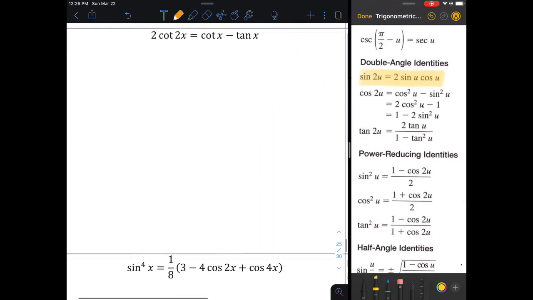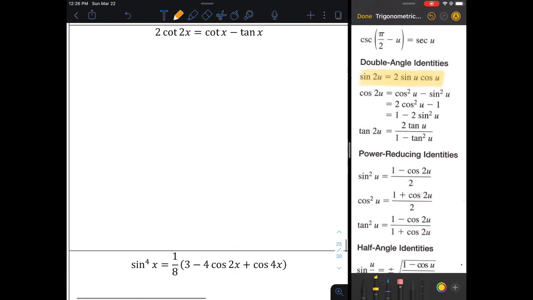All right, next one here. 2 cotangent of 2x. I got to see if I can make that become cotangent of x minus tangent of x. Well, on the traditional set of trigonometric identities, we don't see cotangent of double angles.